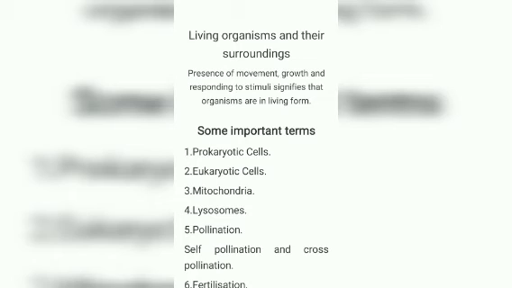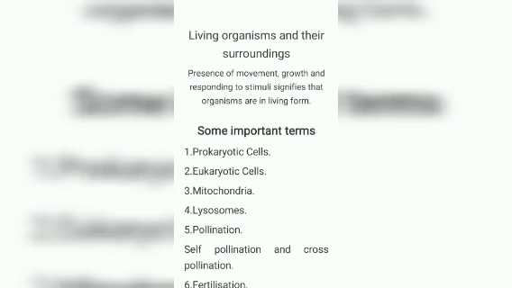Now let's talk about pollination. Pollination is the process by which transfer of pollen grains from the anther of a stamen to the stigma of a pistil occurs. I hope you understand this line, the transfer of pollen grains.